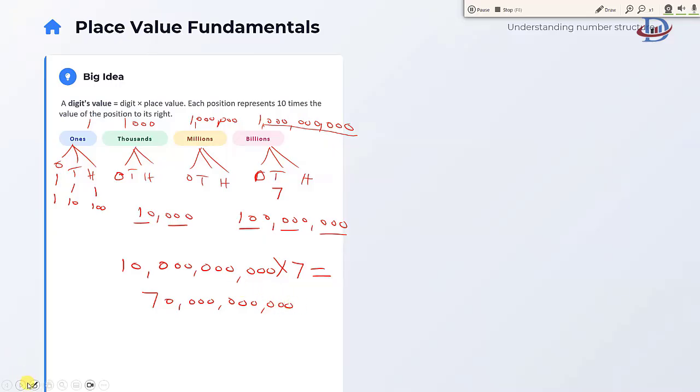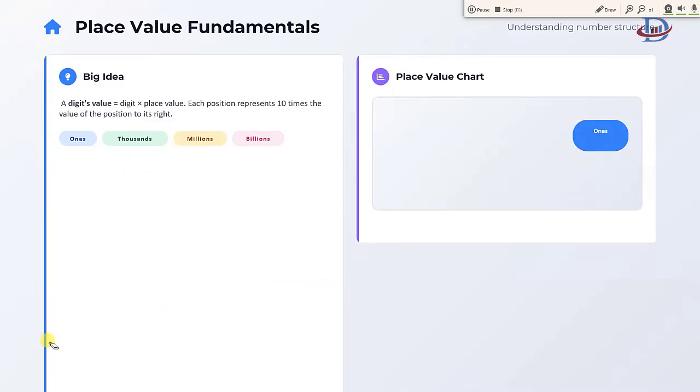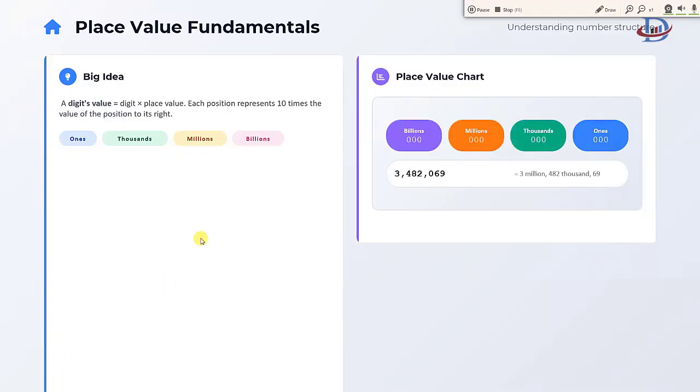Okay, so let's check more examples under that concept. We have talked about those ones. So if I have this number over here, and I want to refer to the digit value of 4, what is the digit value of 4 there? So here I'll take 4 times the place value of where the 4 is.